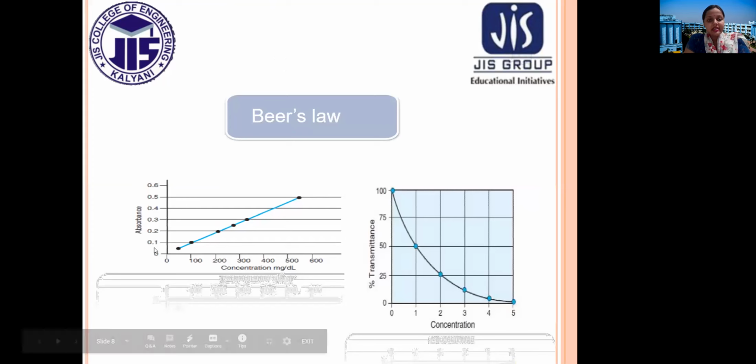Here in this graph, we can see the same version of the statement: as the concentration increases, the absorption increases, and as the concentration increases, the transmittance decreases. So this is the graphical representation of Beer's law. If it comes in your exam, you have to write down the law as well as the graphical representation.